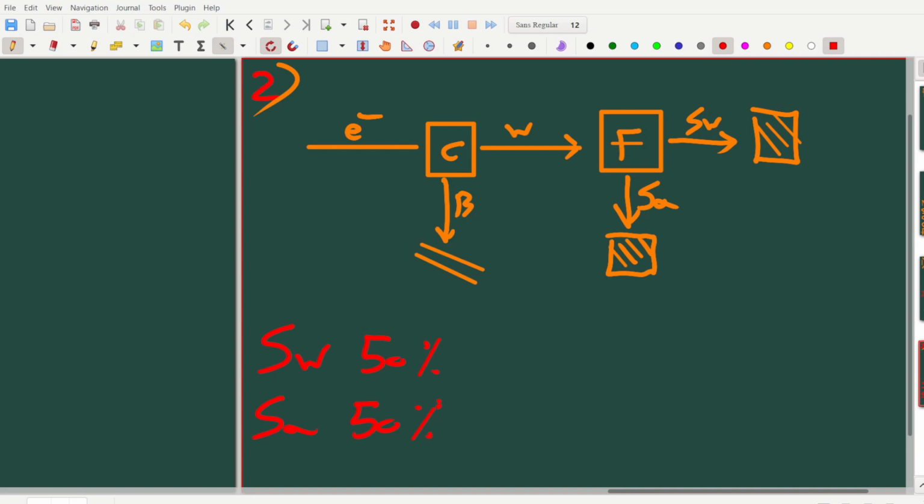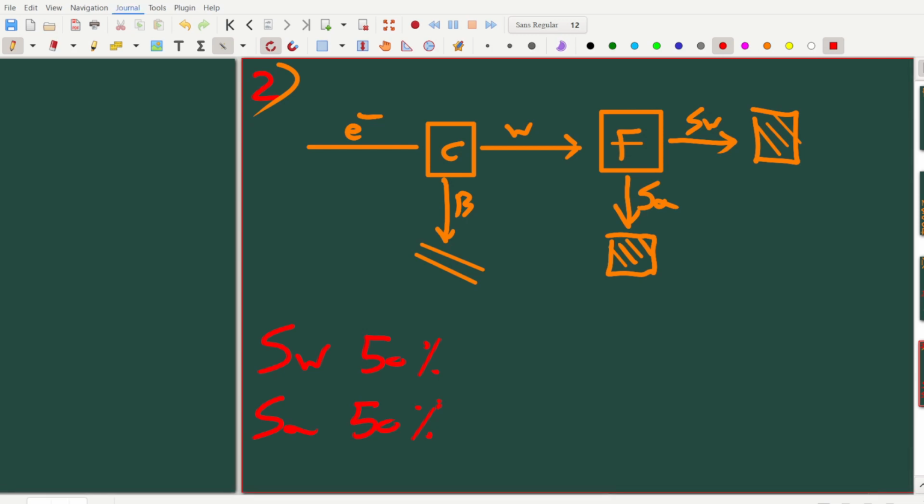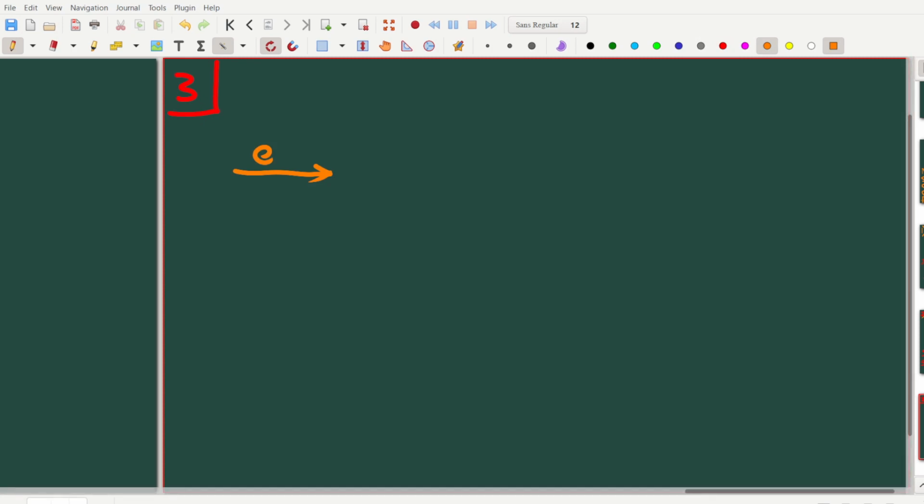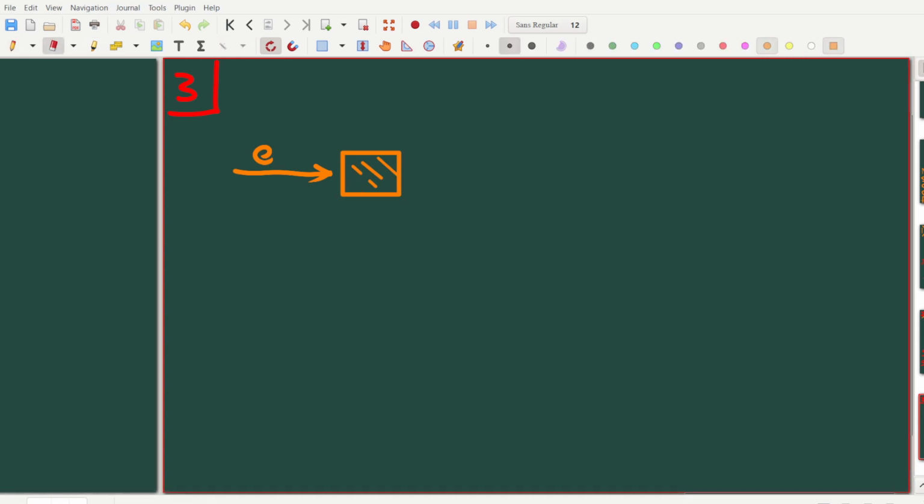Now, here's an interesting result. I'm going to go to the next page. Let's do a different experiment. Slightly different. Again, we're going to do the same thing. We're going to put an electron. Oh, sorry, that's the wrong box.